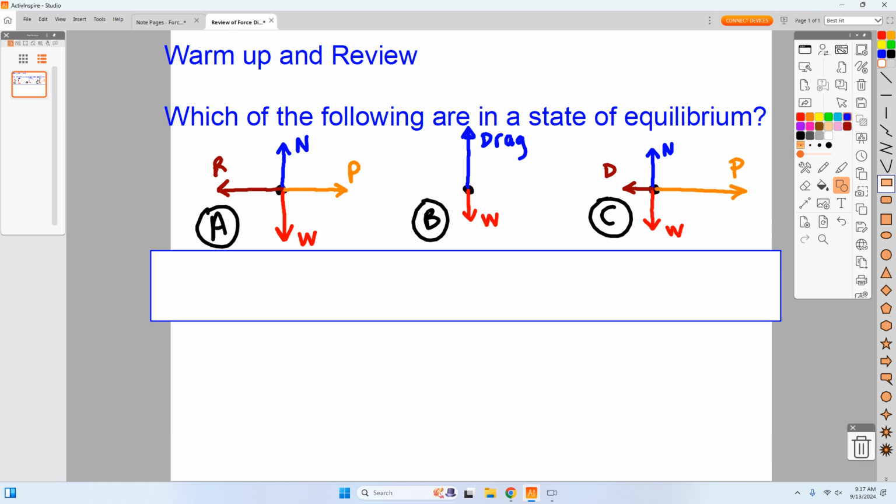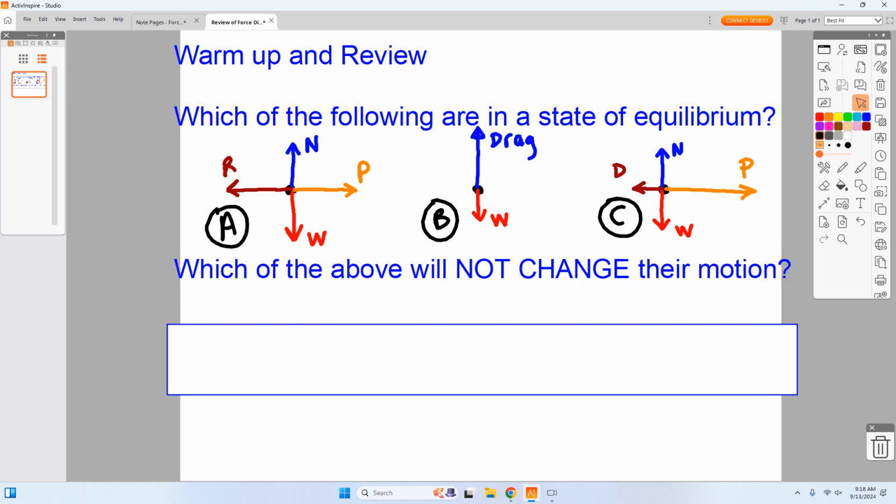Now, I sometimes will ask the question differently, even though it's the exact same thing. This question is stated differently, but it literally means the same thing. Which of the above will not change their motion? We know that forces are needed to change motion. Newton's first law says an object at rest stays at rest, an object in motion stays in motion unless forces are unbalanced.